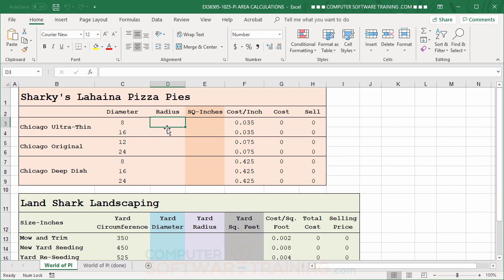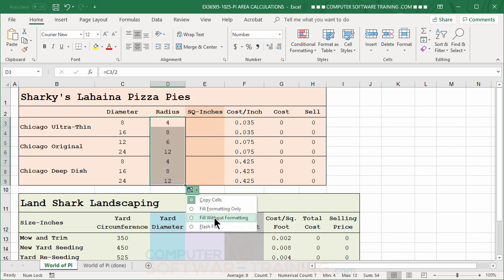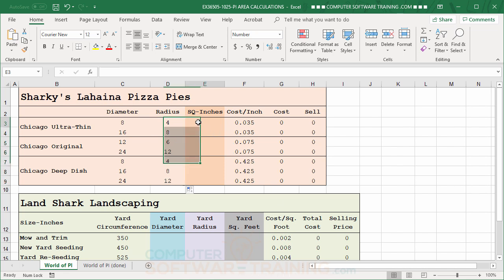Now, if we want to do that using a formula, we go to this cell here, D3, and say equal, the diameter divided by 2. Enter that in. We can copy that all the way down. We can hit a little smart tag there and tell it not to format, and that way we get our borders back there. All right, so there's our radius.